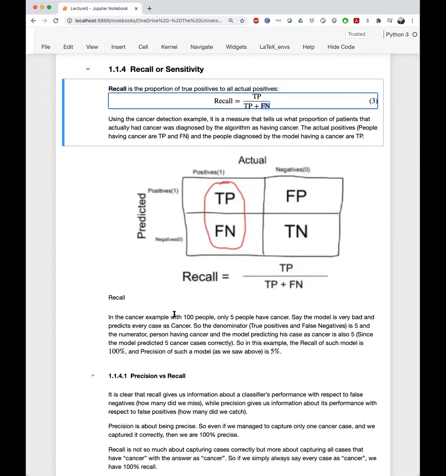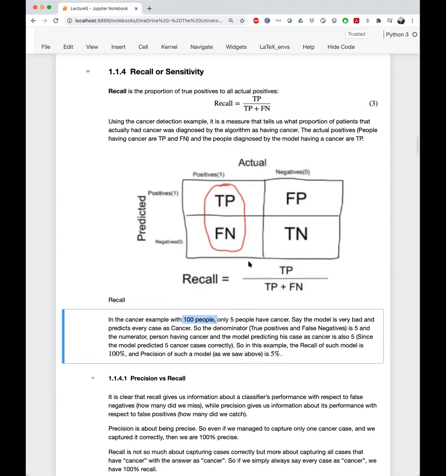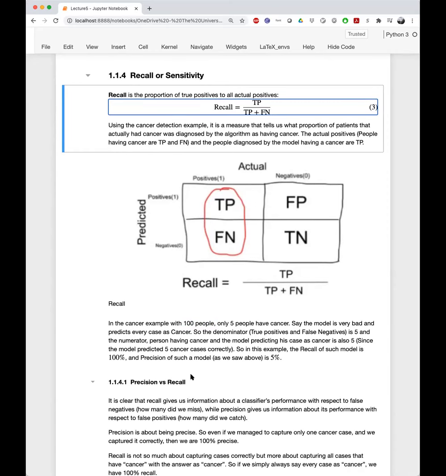Use this example again. We have 100 people and 5 people have cancer, and the model is bad and predicts every case as cancer. In this case, what's the recall? First, the true positive is 5, because your model predicts every case as cancer and there are 5 people who have cancer. Those 5 people are true positives.